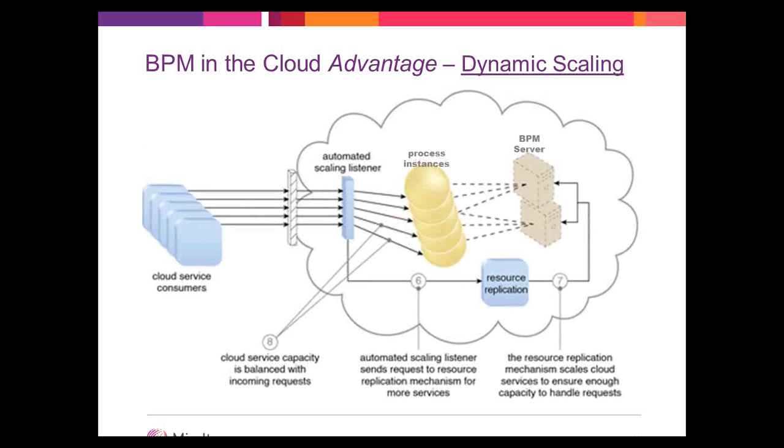Actually, the hypervisor is responsible for provisioning the new server, but it's not shown in the diagram. You could imagine a hypervisor replacing the resource replication component. Dynamic scaling is pretty much like horizontal scaling in a cluster. New BPM servers are provisioned on demand, and everything happens at runtime without manual intervention.